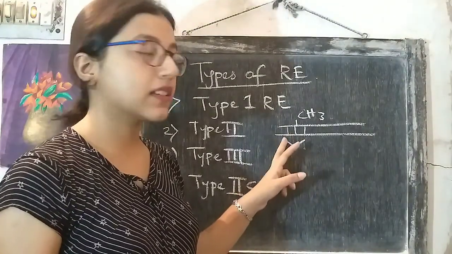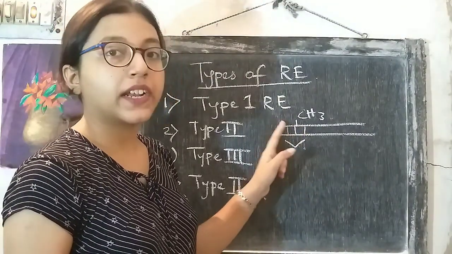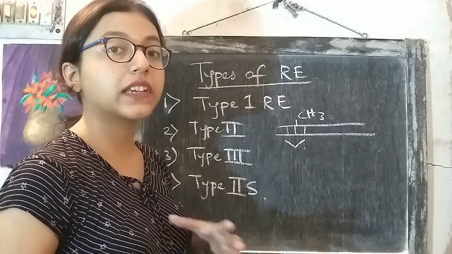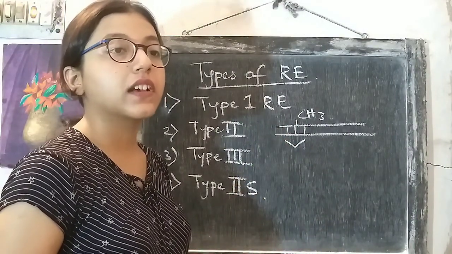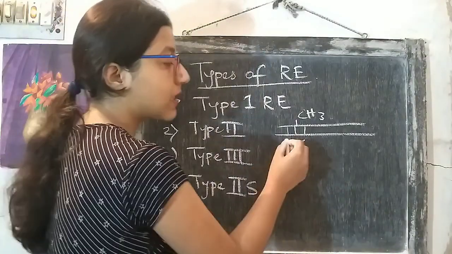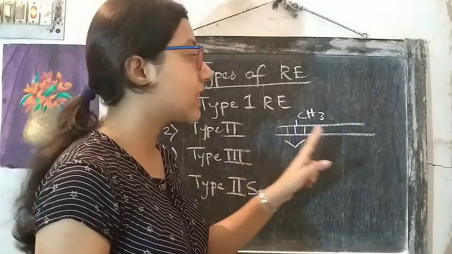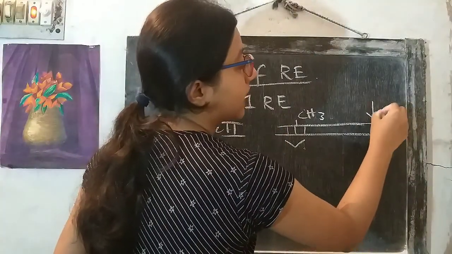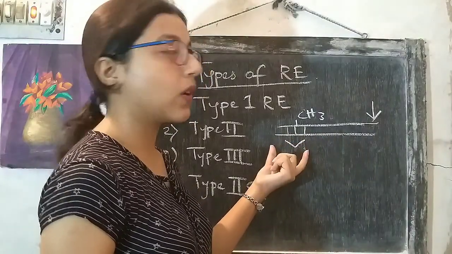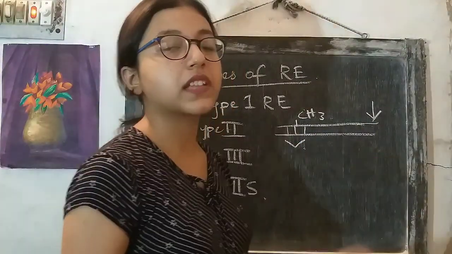After recognizing the sequence, the endonuclease will readily modify the sequence. But the cleavage reaction occurs 1000 base pairs away. So the distance between the site of recognition and site of cleavage, suppose the cleavage occurs at this point, is 1000 base pairs.